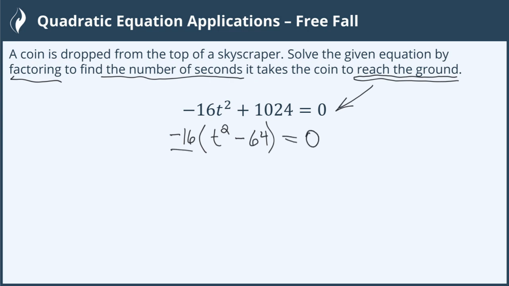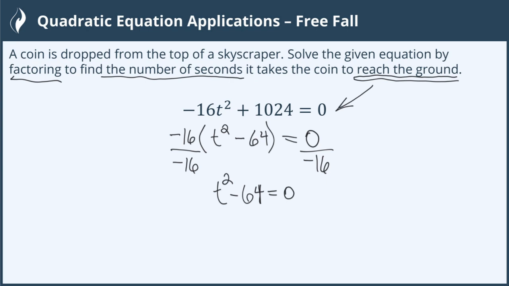We're going to go ahead and divide both sides by negative 16. And we'll have t squared minus 64 still equals 0. And we're still using factoring.